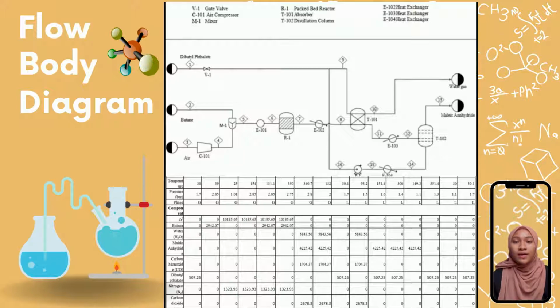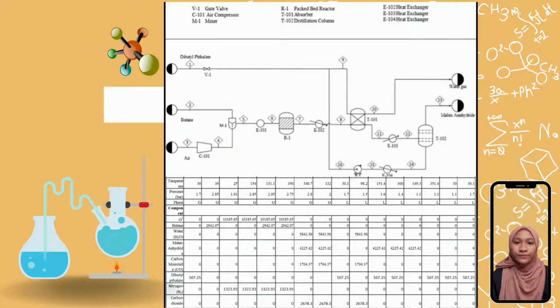The absorber will produce 2 outputs, which are water gas and Maleic Anhydride, but the Maleic Anhydride will enter the distillation column to be purified. The output of the distillation column is purified Maleic Anhydride, and the other products from the distillation column will be recycled back to be used.